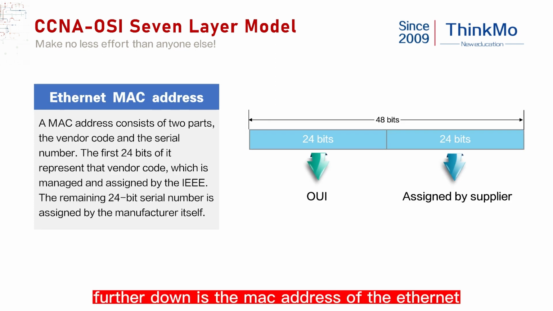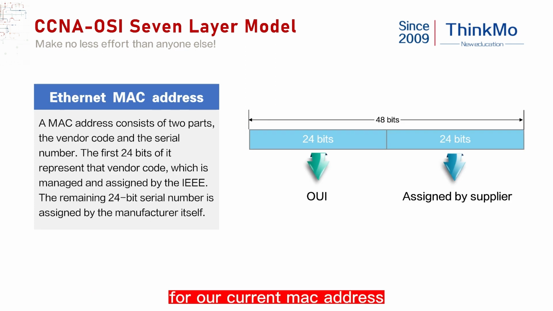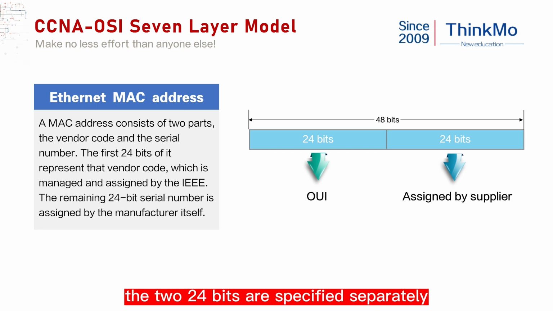Further down is the MAC address of the Ethernet. Our current MAC address has an allocation criteria, and the definition is very simple. It is divided into the first 24 bits and the last 24 bits. The two 24-bit parts are specified separately.